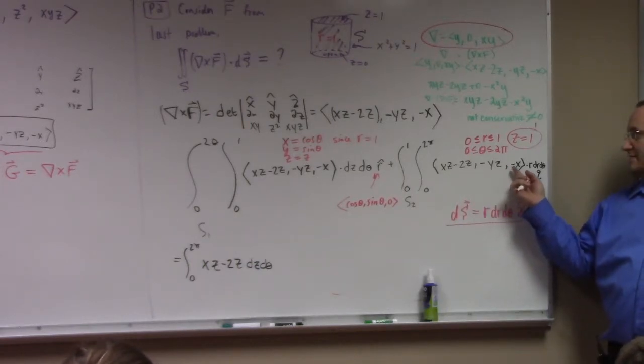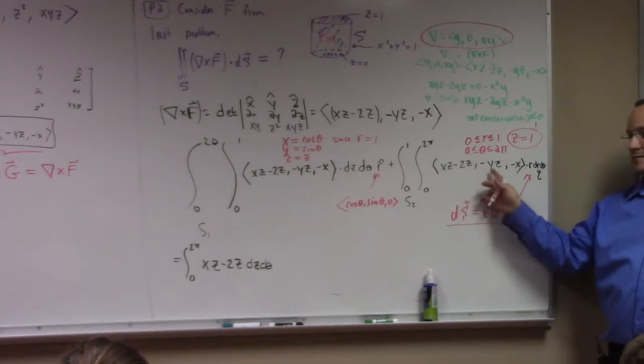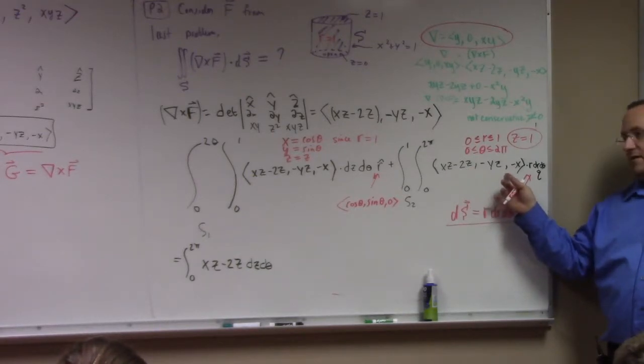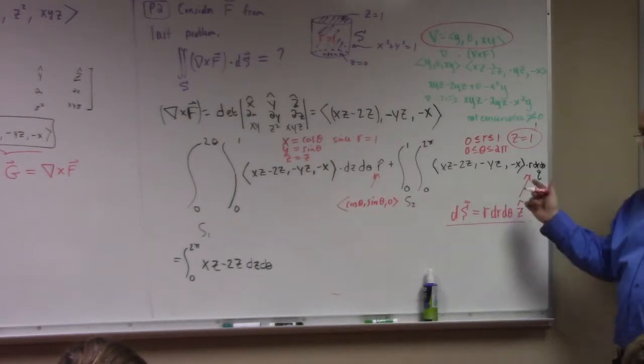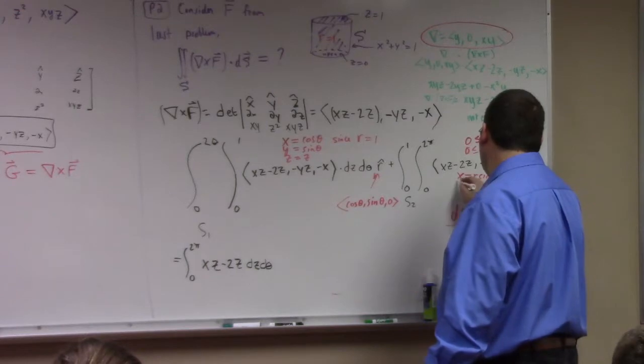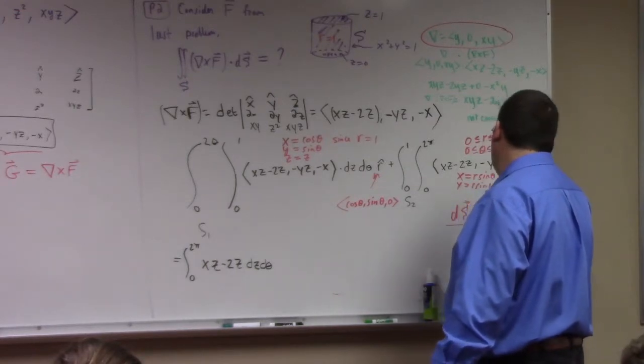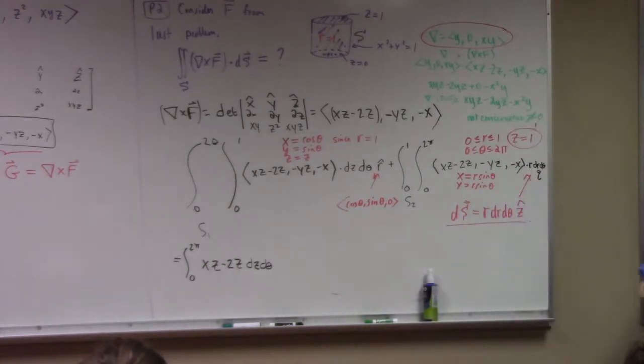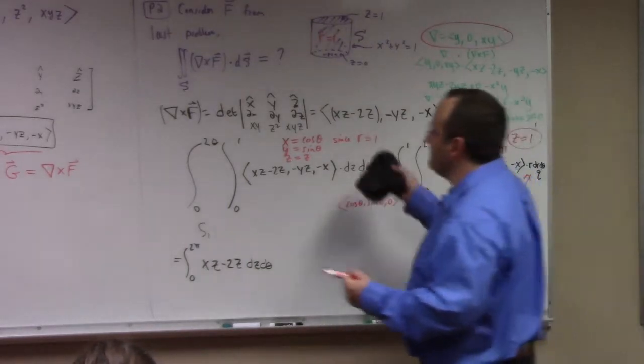Z is easy enough, z is 1. But x would be r cosine theta, y would be r sine theta on the top, if you're going to go this path. Anyway, I don't want to do all that, so let me try to show you an easier way of doing this problem in its entirety.